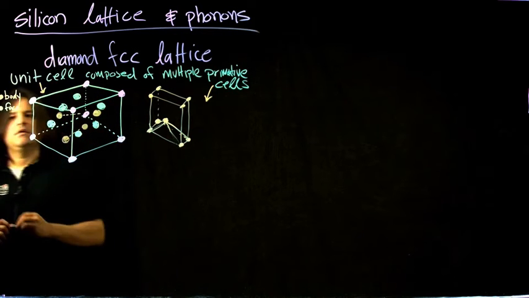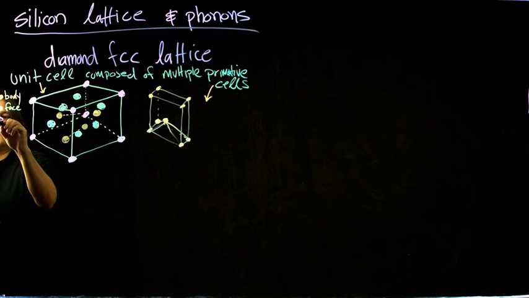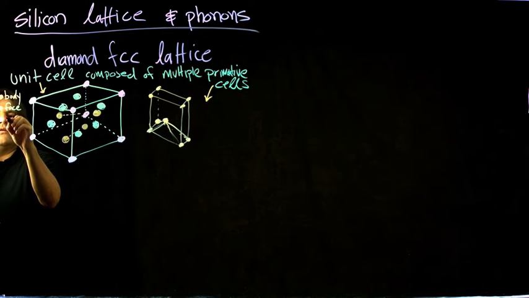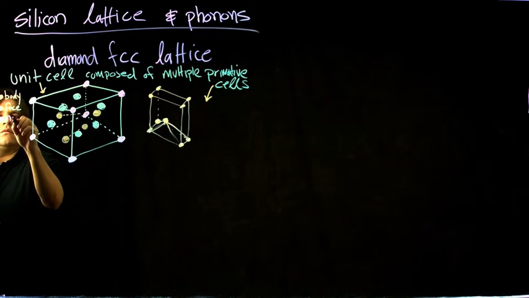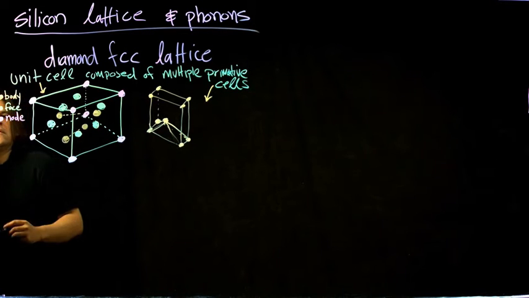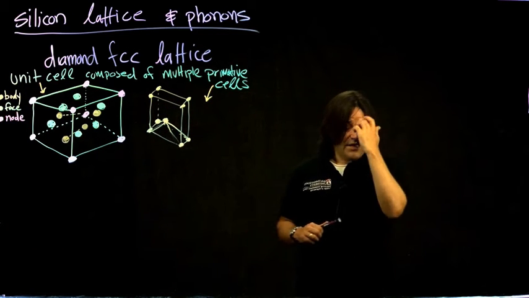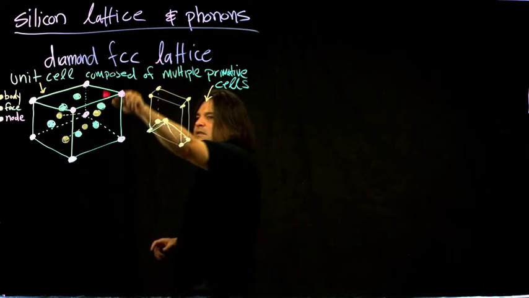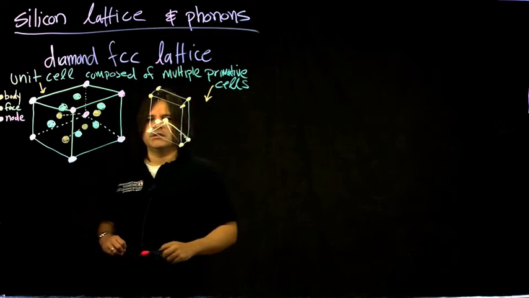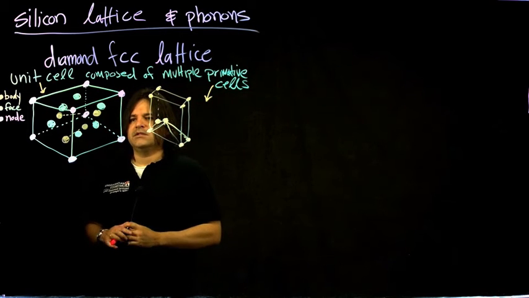And this would be on the vertex, the node. So that's a diamond FCC lattice. That's what silicon is in its crystalline unit cell.